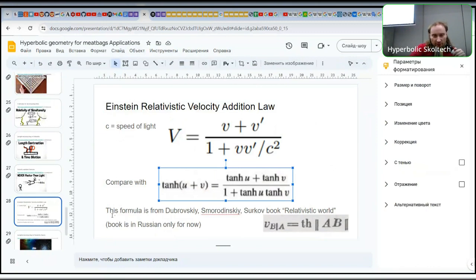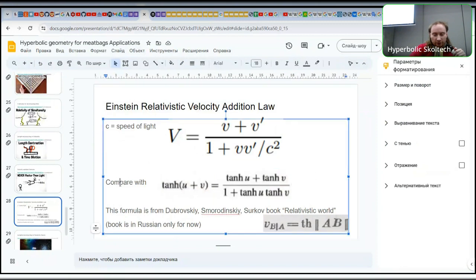Actually, I looked for this formula in several sources and found just something like this. And this means that this velocity of B related to A should be divided by the speed of light here. So then this is something like hyperbolic tangents. Okay, this is a book for Soviet schoolboys.